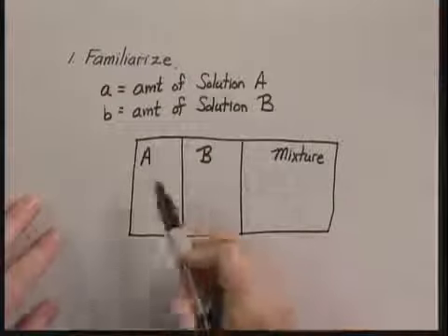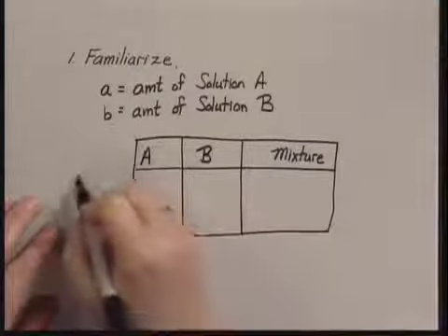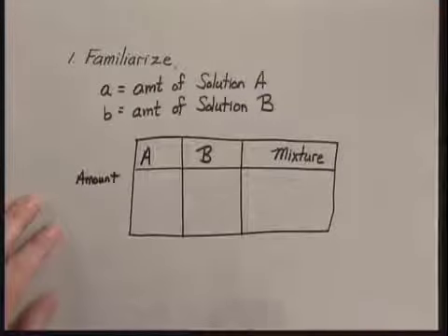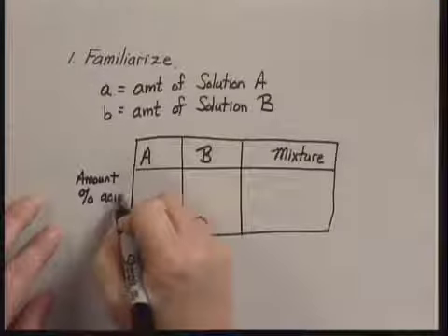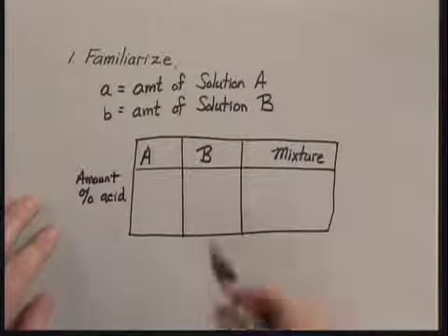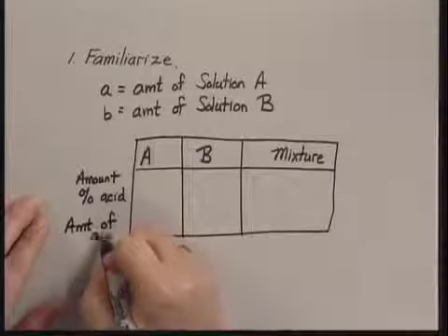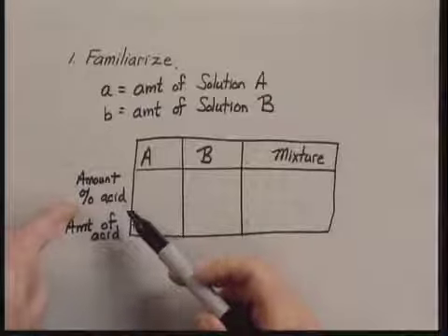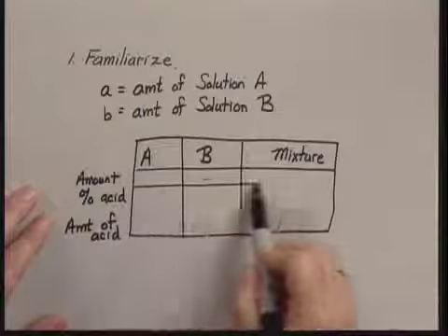Now, what about the rows of the table? Well, we'll be looking at the amount of the solution, the percent that is acid, and the amount of acid. This is not the same as the percent of acid, but is actually the amount of the solution that is acid. And we need all three of those pieces of information.